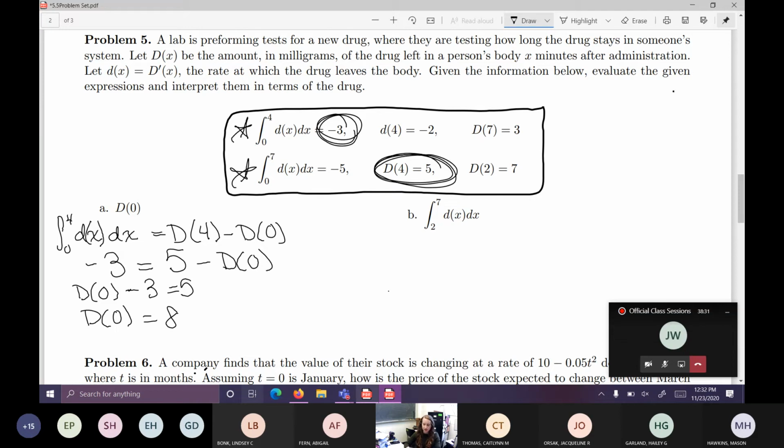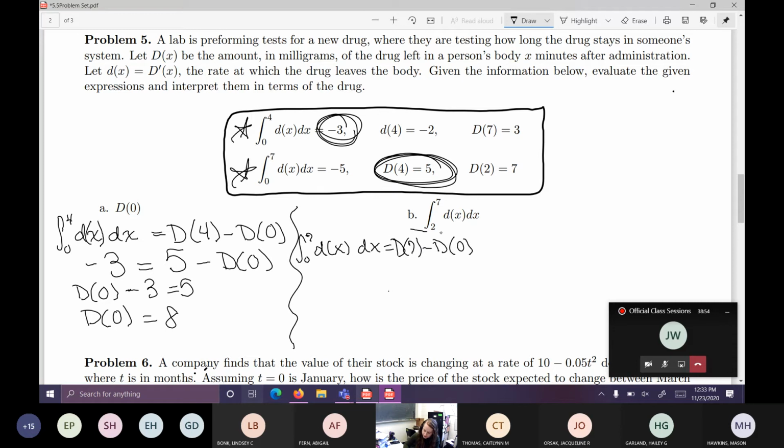Now, technically you had another choice for this one. The other choice would have been to use the other integral. If this is written out correctly, this should give us the same value, because that would make the most sense.